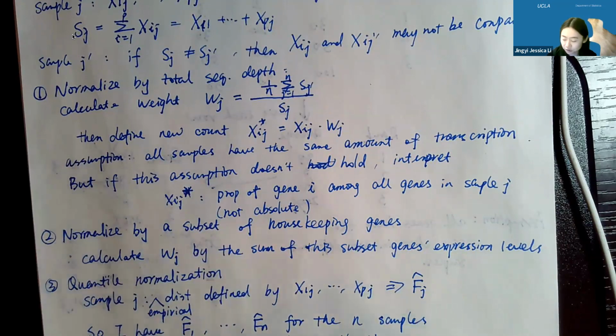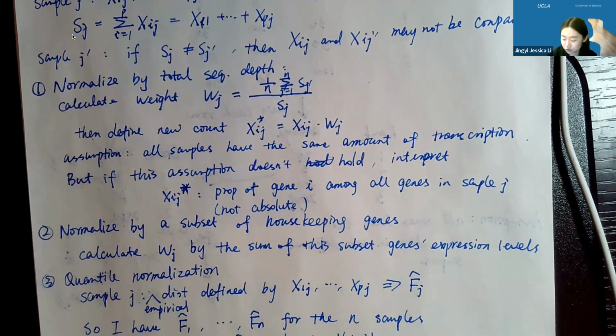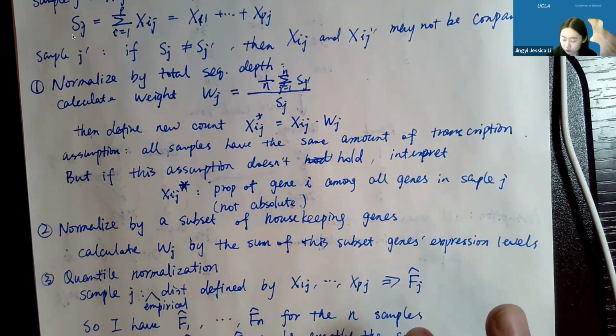Instead, you're just going to make the sum of the subset of housekeeping genes constant across all samples. But still, it's just a linear adjustment. You just divide or multiply by a factor so that the count in a sample may be enlarged or reduced to match the sum of other samples. So these two are simple, just doing a factor calculation.